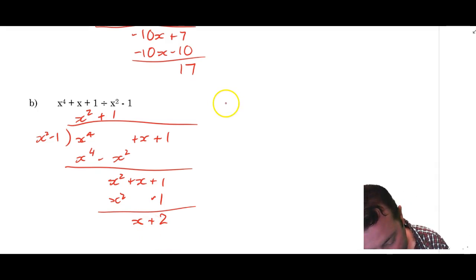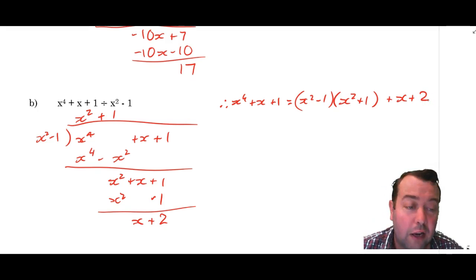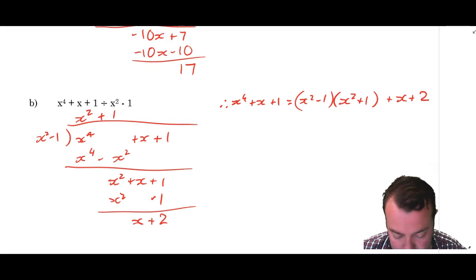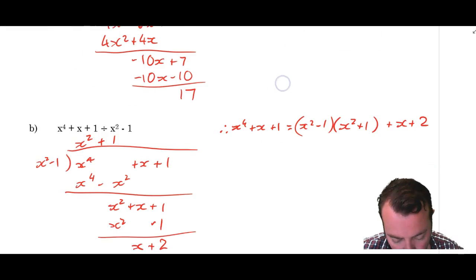So I can say that x to the 4 plus x plus 1 equals x squared minus 1 inside of x squared plus 1 with a remainder of x plus 2. I could expand that out, collect like terms, and I'll get back to x to the 4 plus x plus 1. That is the division of polynomials.